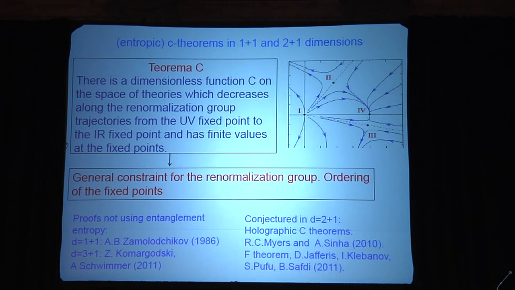So it is a general constraint on the renormalization group, and it gives an ordering of the conformal fixed points.